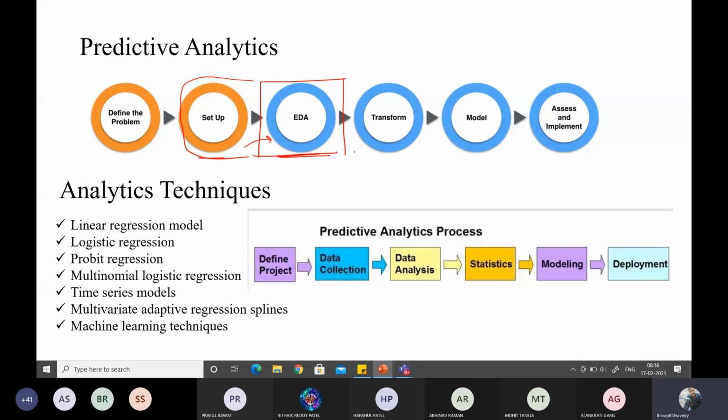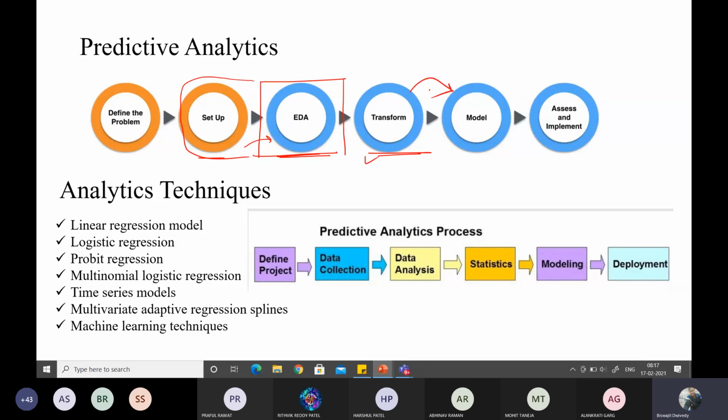Another step you can see here is written as transform. This is basically used for converting or transforming the attributes. Sometimes we need to convert the variables from one form to another while implementing the model.